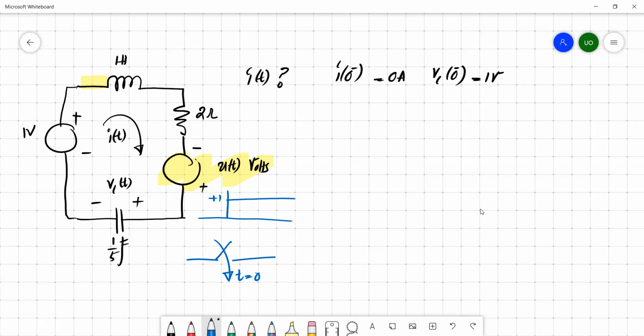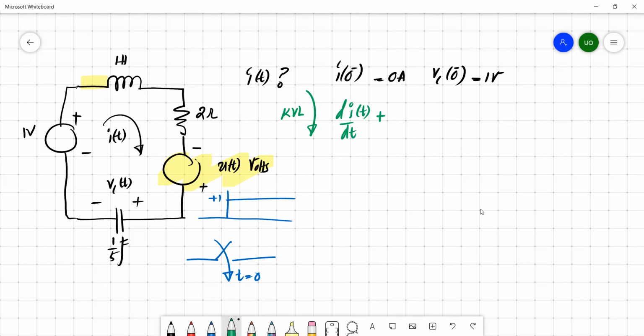So how do you approach this question? It's in the time domain, so you can just apply Kirchhoff's voltage law. The voltage across this 1 Henry inductor would be L times the derivative of the current, with L equal to 1 Henry, so this is di(t)/dt.